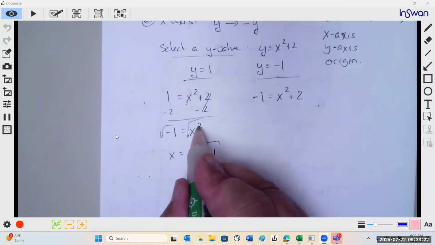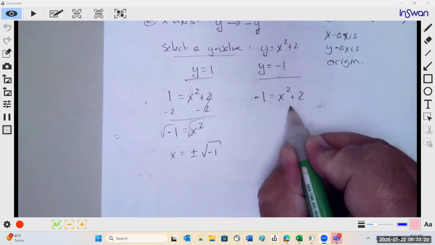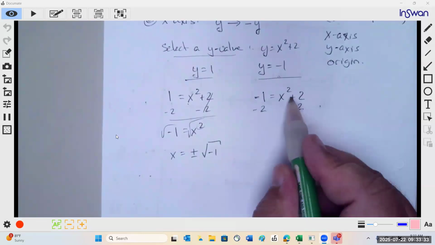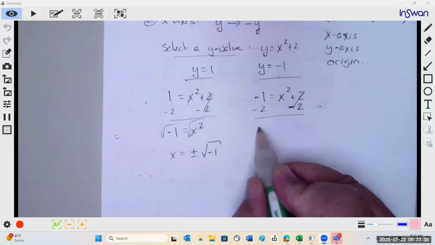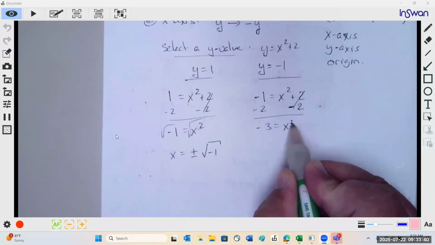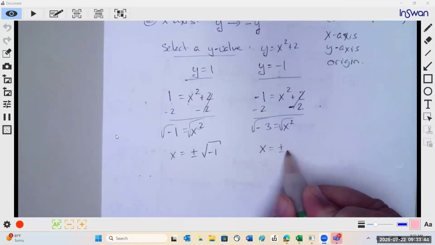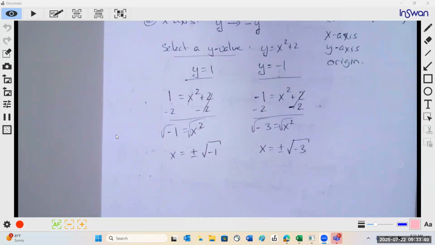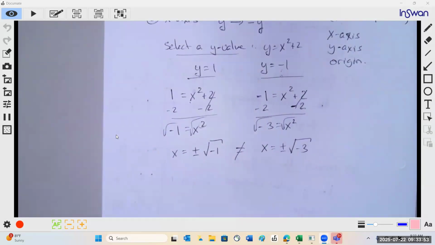Remember, anytime you square root something that is squared, you have to put a plus or minus in front of the answer. And the other one, when I use y equals negative 1, subtract 2 from both sides, I get negative 3 equals x squared. Square root both sides, I get x equals plus or minus the square root of negative 3. Are they the same? They're not equal, so it's not symmetric about the x-axis.